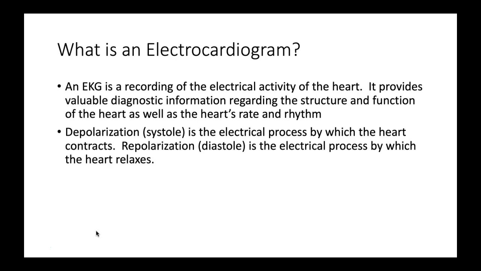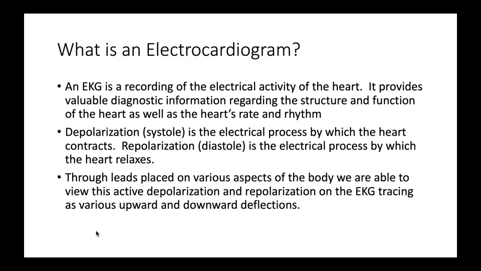What it is recording on that EKG graph paper is systole and diastole, which is the electrical process by which the heart is contracting. Systole is depolarization, it's the actual contraction that we see, and diastole is when the heart relaxes and repolarizes. And all of that is recorded on that EKG, 12-lead EKG or a single EKG strip.